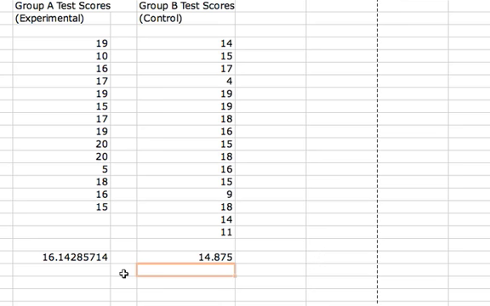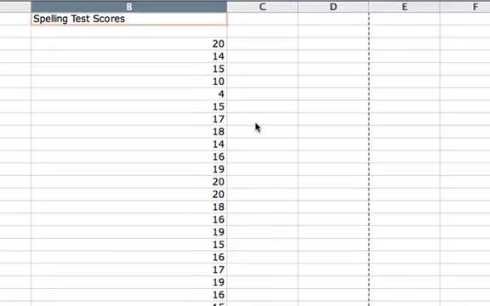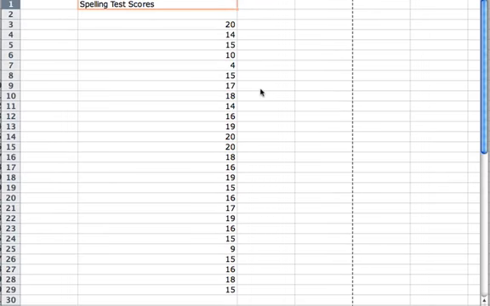Let me show you another data sheet. Suppose we administered a spelling test to all the students in a class, and we got these scores. And now suppose we just divided these students randomly into two groups. Let's maybe divide them right about here. Just insert a blank row.